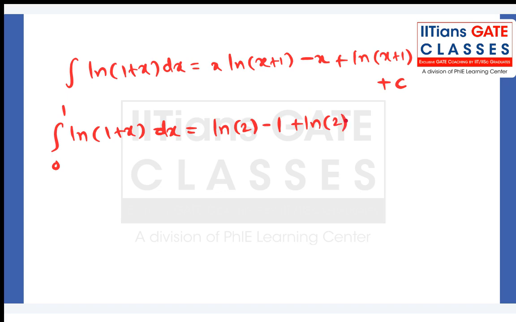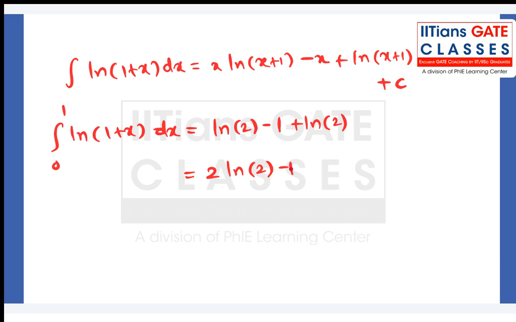Okay, and if you put 0, it is all 0. So basically it will be 2 ln 2 minus 1, if I'm not wrong. Let me just check the answer. Yeah, the final answer is 2 ln 2 minus 1.